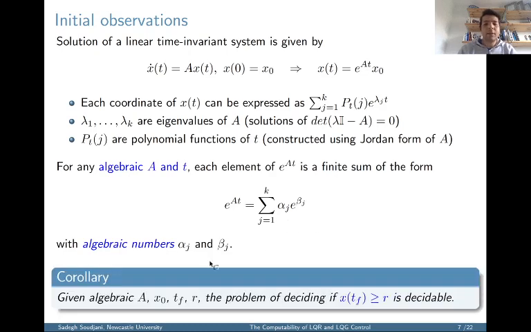Okay, so once we get this representation, we know that deciding whether the trajectory is greater than some threshold at some particular point in time is decidable. So there is an effective procedure that tells us whether this inequality holds or not. In the next slide, I will show you how we can establish the decidability of this simple inequality related to the solution of the linear system.